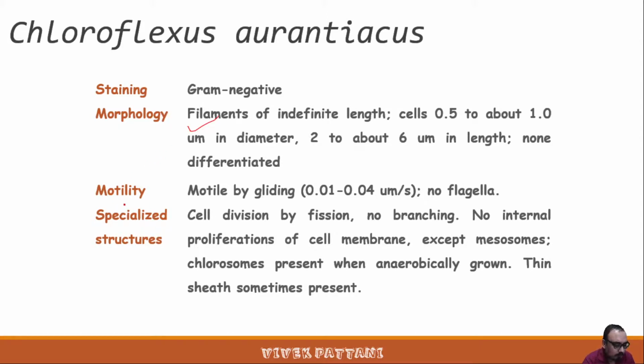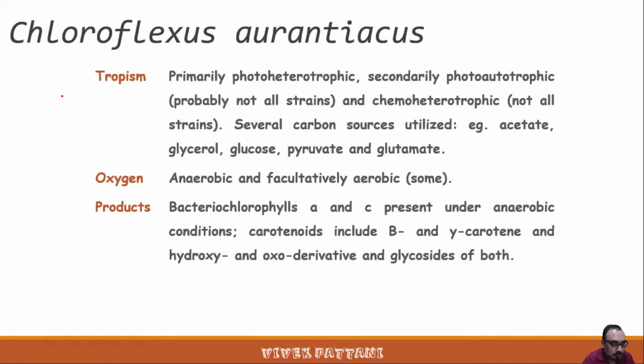Chloroflexus cells have filamentous structures which exhibit gliding motility. They are motile by means of gliding, not by flagella, as flagella are not present. They are basically photoorganotrophs, sometimes also photoautotrophs, and some are chemoheterotrophs also.